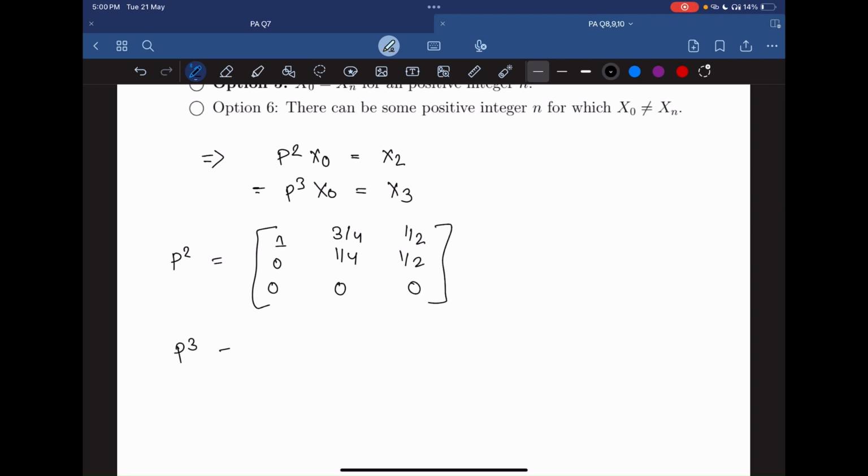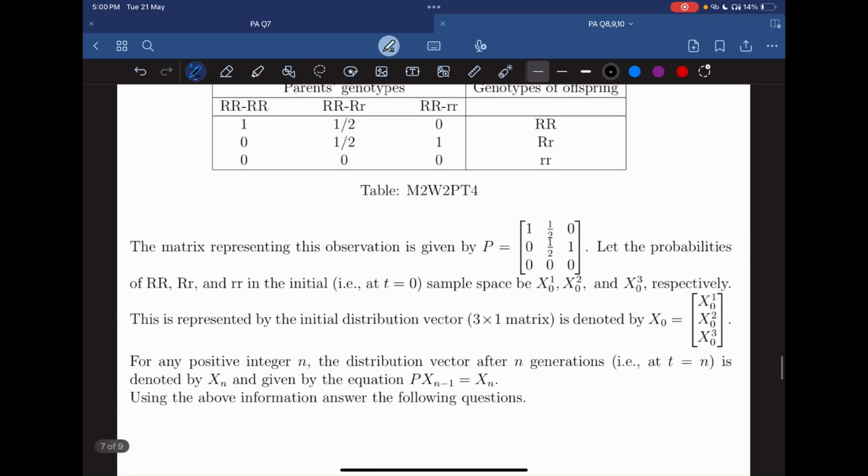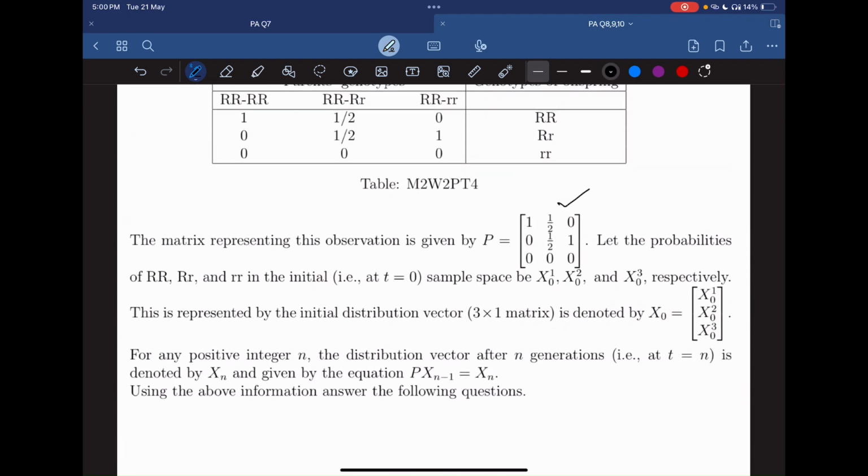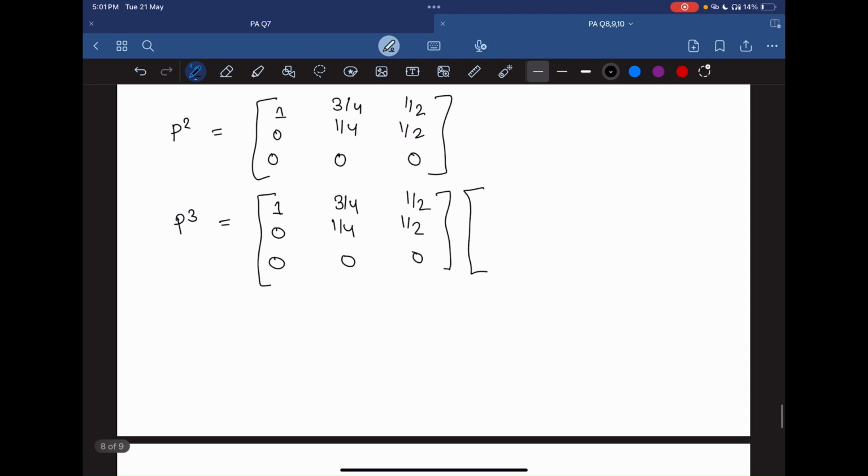So for P cubed we multiply this with our P matrix, that is 1, 1/2, 0; 0, 1/2, 1; 0, 0, 0.